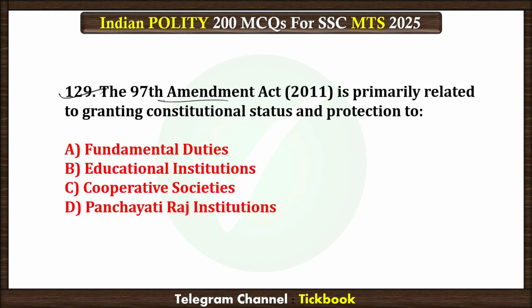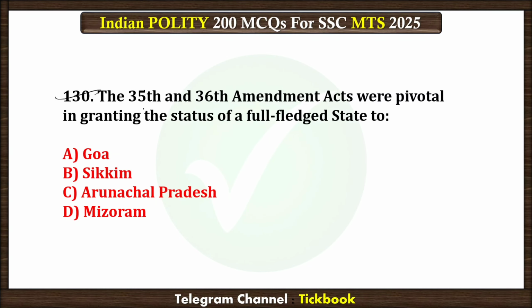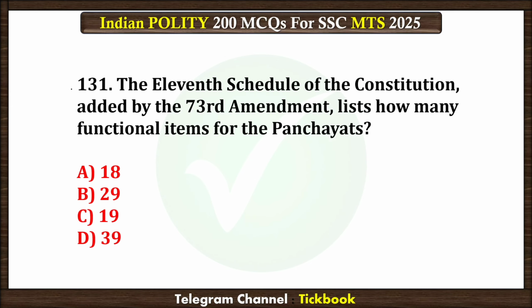129. The 97th Amendment Act 2011 is primarily related to granting constitutional status and protection to. Number C, cooperative societies. 130. The 35th and 36th Amendment Act were pivotal in granting the status of full-fledged state to. Option number B, Sikkim. 131.